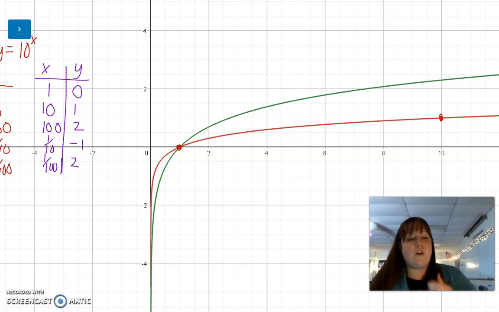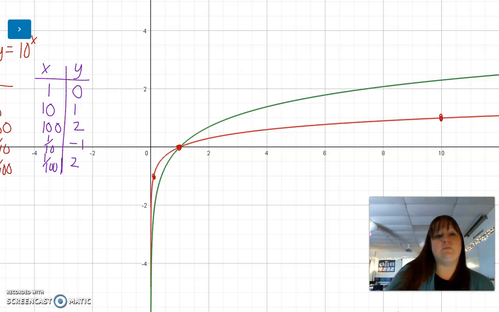Then when I put in 1/10, which is, say, right here, I get out negative 1. So that's right there. And then when I put in 1/100th, I get out negative 2, and you see it's approaching that asymptote right there at x equals 0. So let's look at the natural log and see if this works the same.